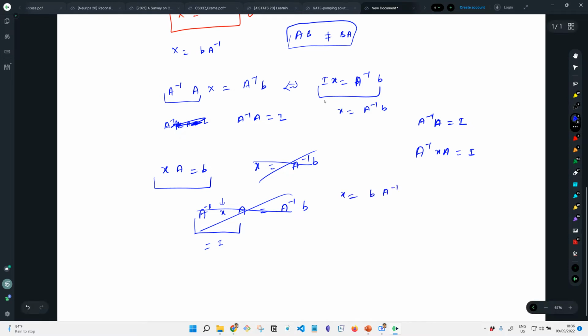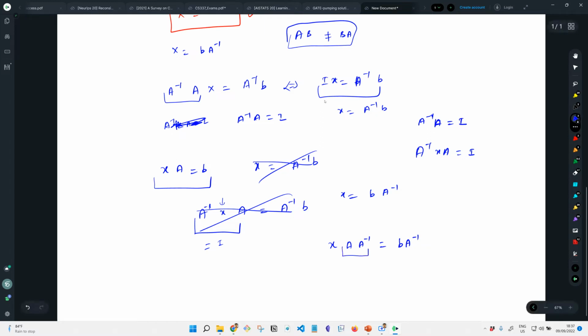Can you tell me how did you find the solution? I multiplied both sides by A inverse, on the right side. Right side, exactly. So that right side is very important, right? When you right multiply by A inverse, what will happen? xA A inverse equals B into A inverse, right?